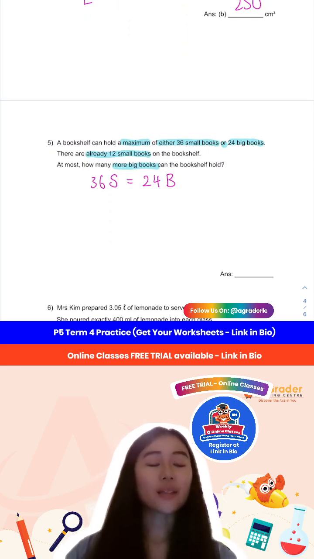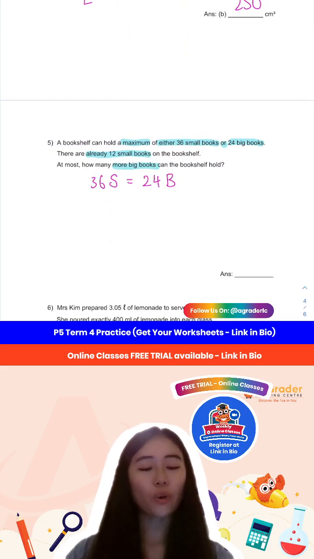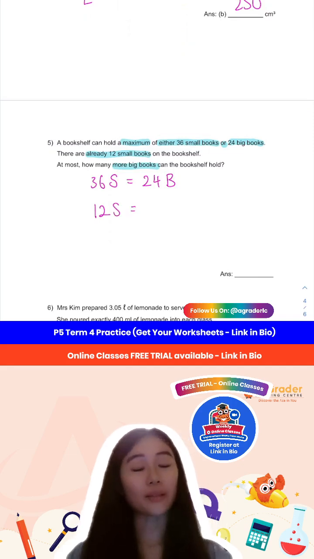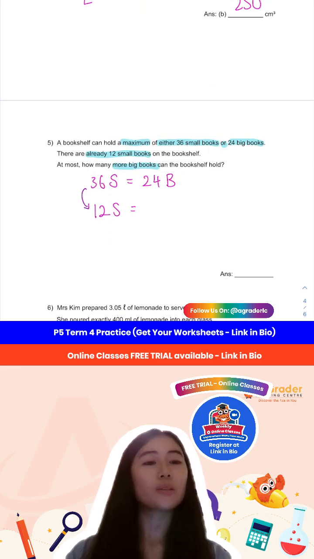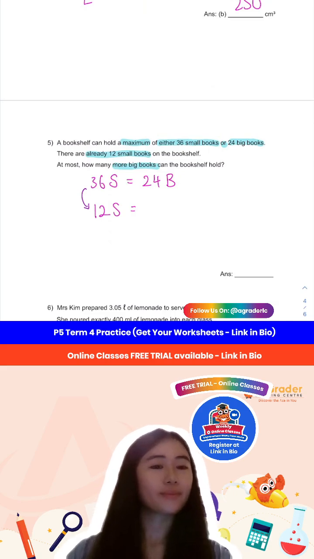Now the second sentence says that there are 12 small books. So I will write 12 small equals to something. So how do you go from 36 small to 12 small? What should you do in order to go from 36 to 12? Is it multiply?